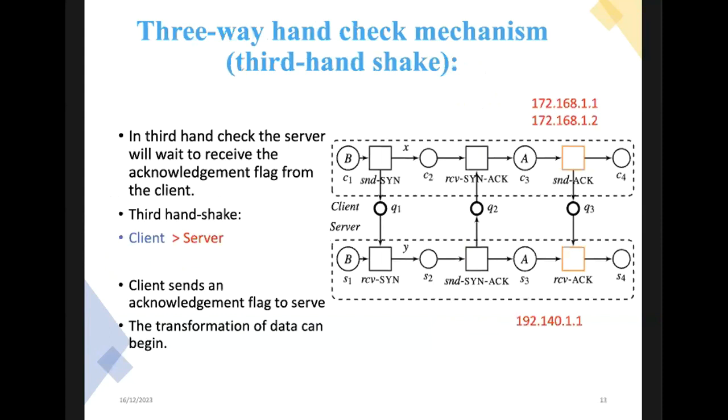In the final handshake step, the client responds via the send acknowledgement action, shifting token A from C3 to C4 and Q3. As you see here in the figure, the server's subsequent receive action finalizes the handshake, ensuring an established connection between both entities.